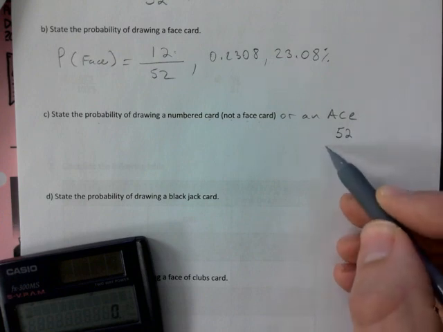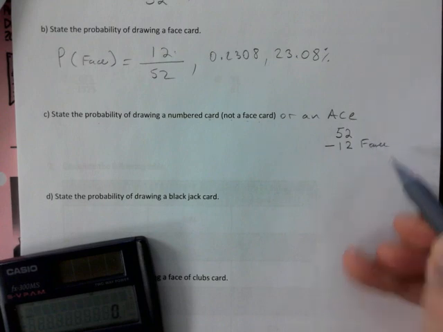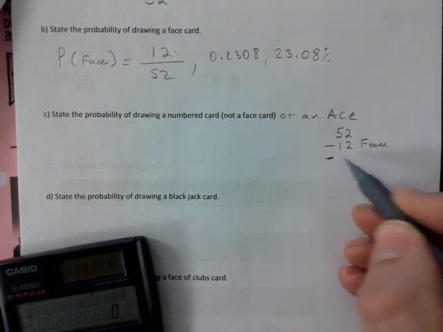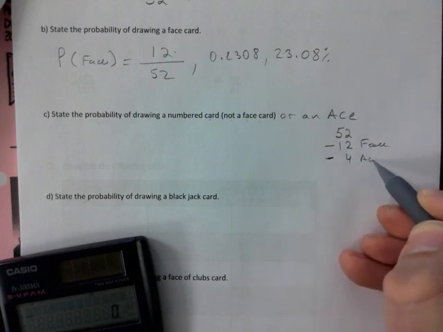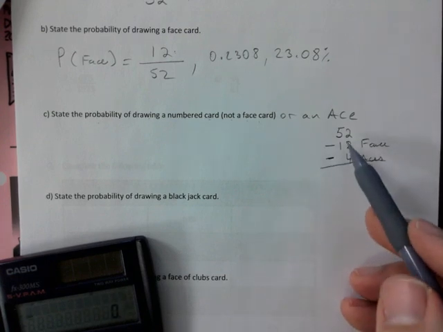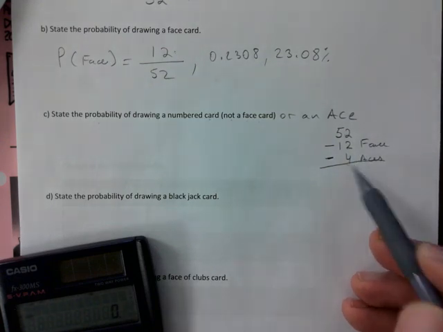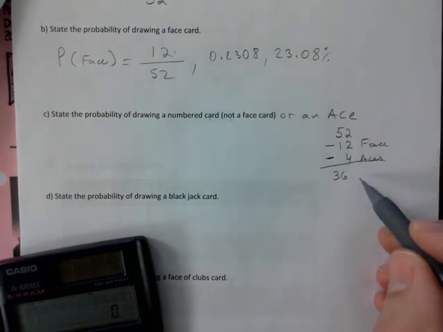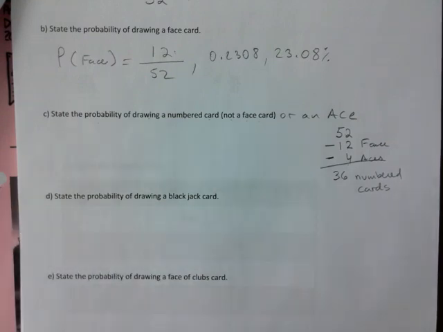I would go 52 minus 12 face cards, like I don't want them, right? Minus how many ace cards? There are 4 aces, right? So 52 minus 12 is 40. Minus 4 is 36 numbered cards. You can remember that from now on and just know there are 36 numbered cards.